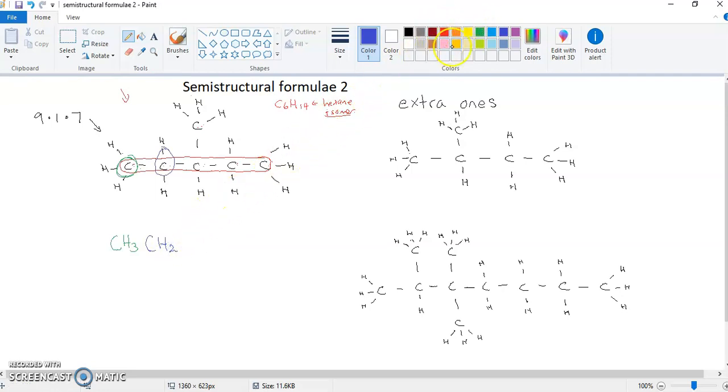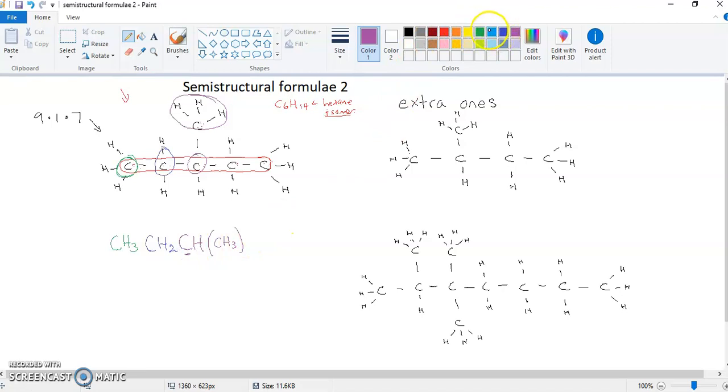We go to the next carbon, this one, and we can see that it's got a hydrogen attached to it. And it's got 2 other things attached to it. It's got the rest of the chain here, and it's also got this bit. Now, we're going to do the rest of the chain separately. That's why we identified the chain in the first place. So we need to add this as an additional bit sticking onto this carbon here.